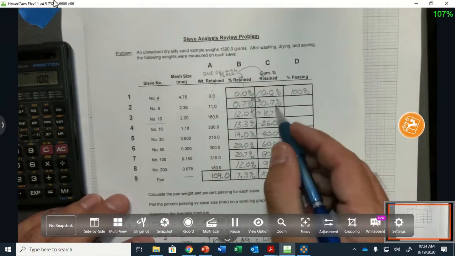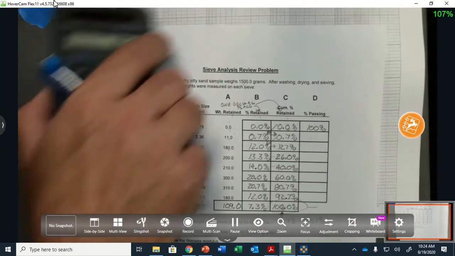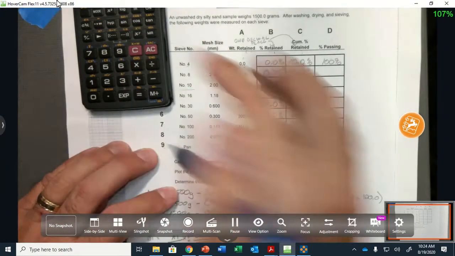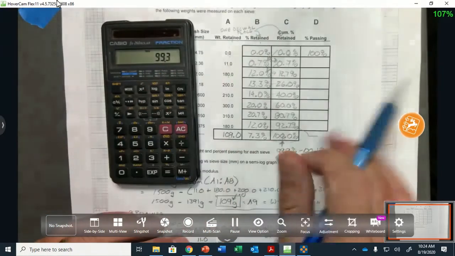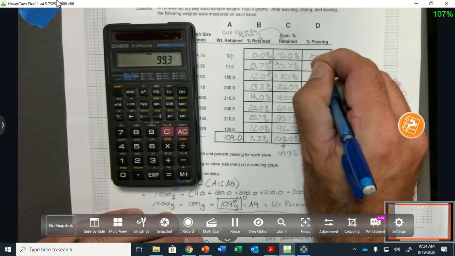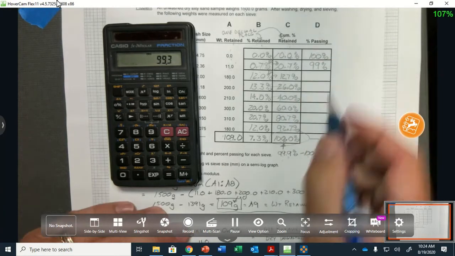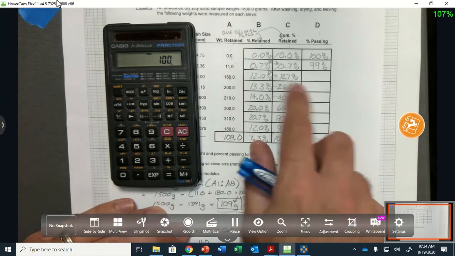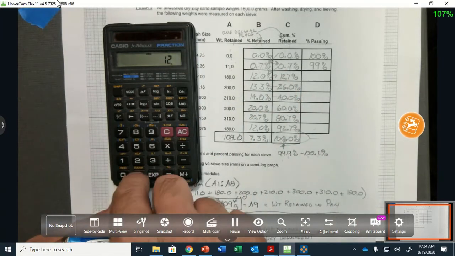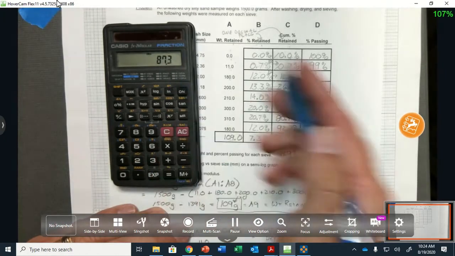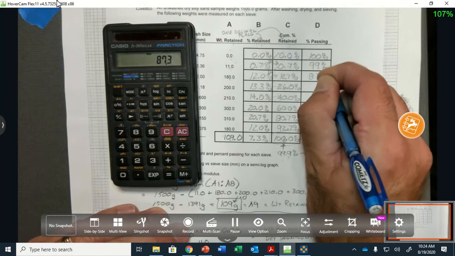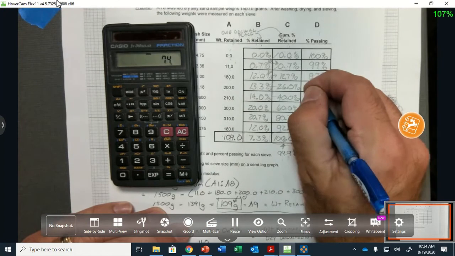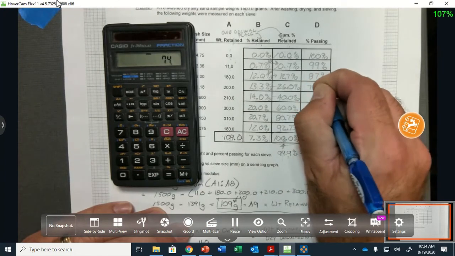So 100 minus 0.7, I should be able to do this in my head, equals 99.3. You notice what I'm doing here? There are no decimal places. These are whole numbers, except the number 200 sieve. There's a special thing with that one. Okay, 100 minus 12.7, 87.3, that's less than 5, so this is 87%. Okay, 100 minus 26, that's 74%.